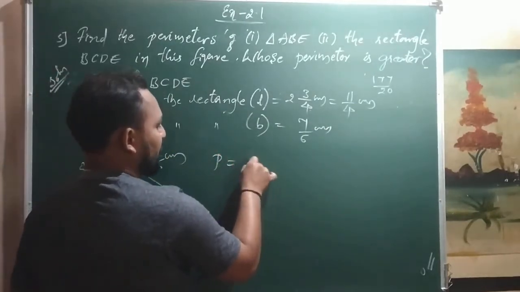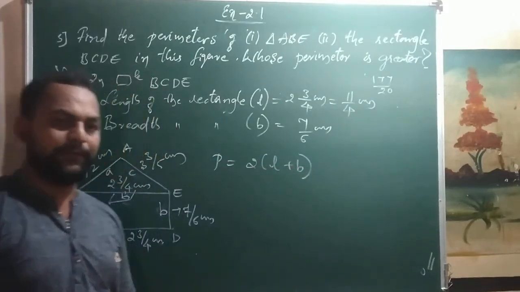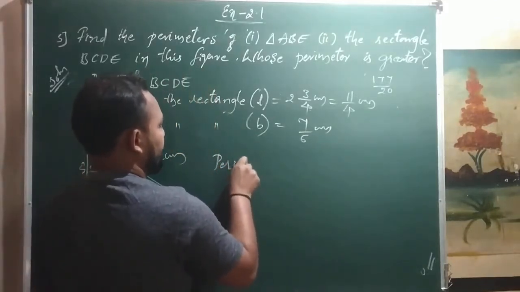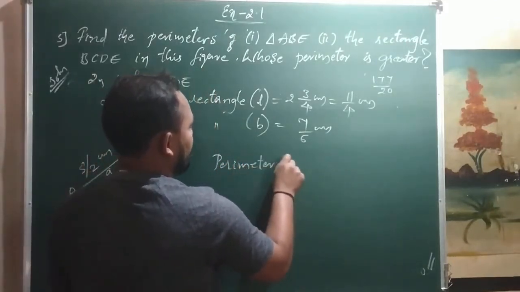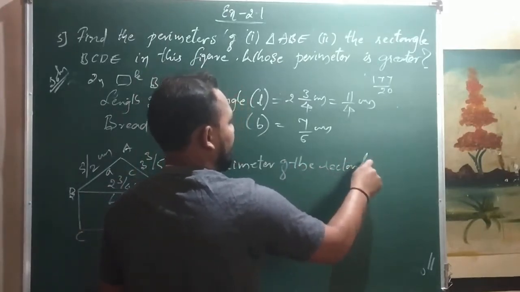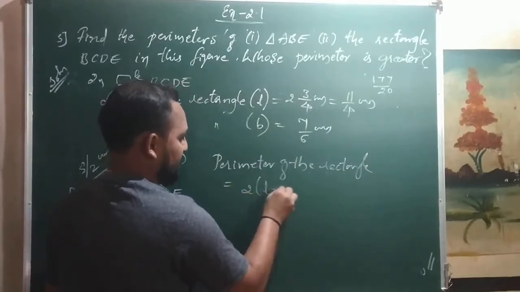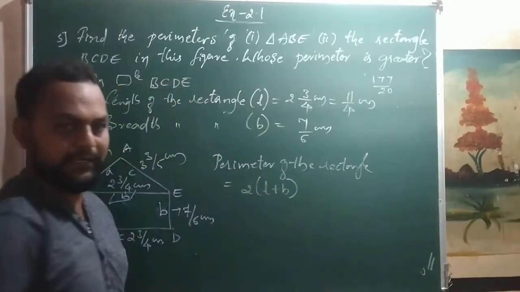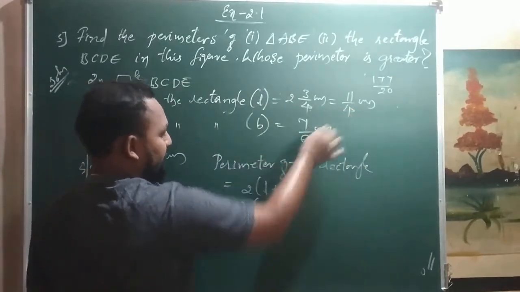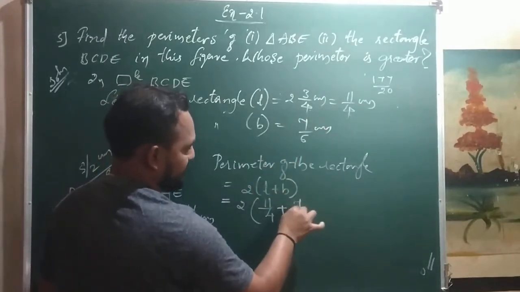The perimeter of a rectangle is 2 of L plus B. Substitute the values: 2 into the length 11 by 4 plus 7 by 6.